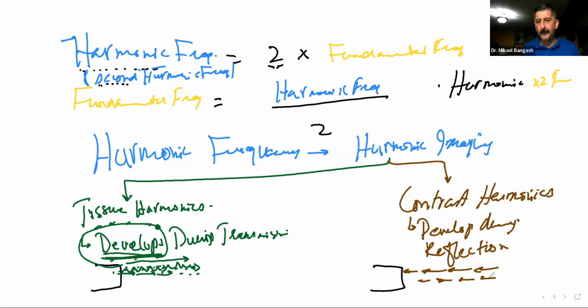Primarily from the tissues, but since we say contrast harmonics, it reflects off a tissue containing a contrast agent, which produces contrast harmonics, which will give us a contrast image. Is that clear?